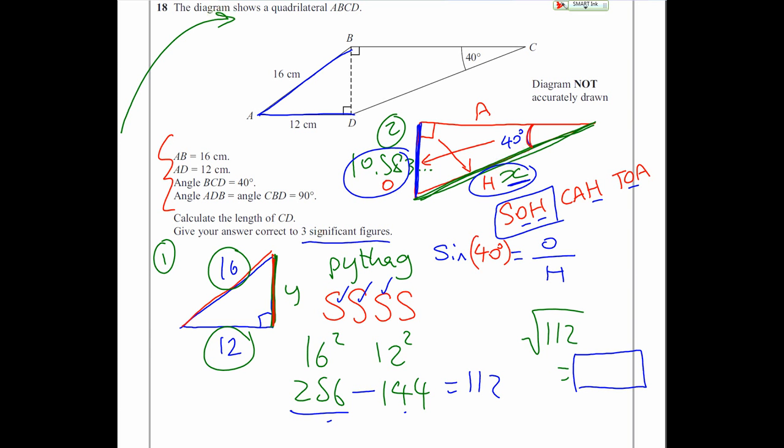Our opposite, just going to pull this in actually, save me writing it again. That's our opposite. And our hypotenuse is x. So let's pull that one in as well. Okay. Now we want to find x.